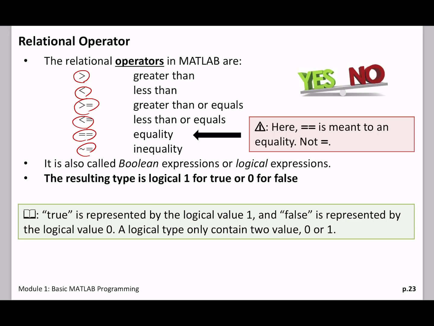And the output of this operation is a logical value. For instance, let's say 3 greater than 4. The answer is yes or no, right? That's why the type of the output value is logical. Okay.